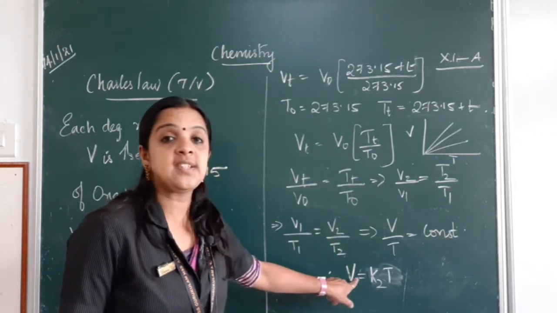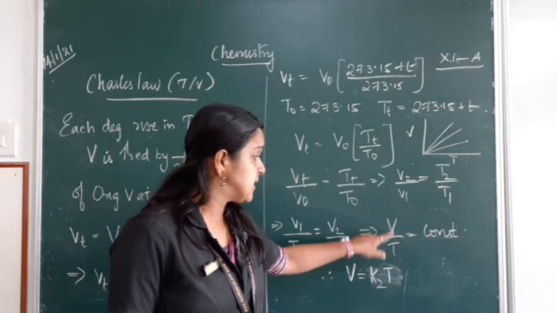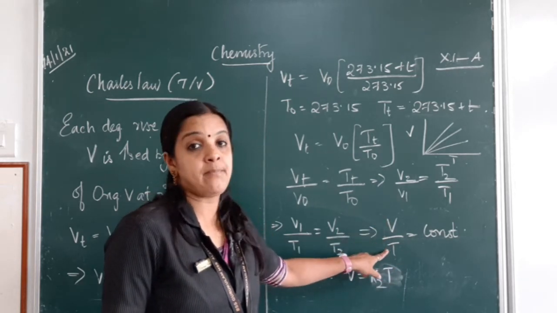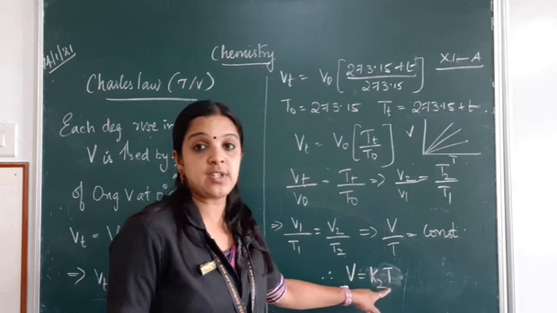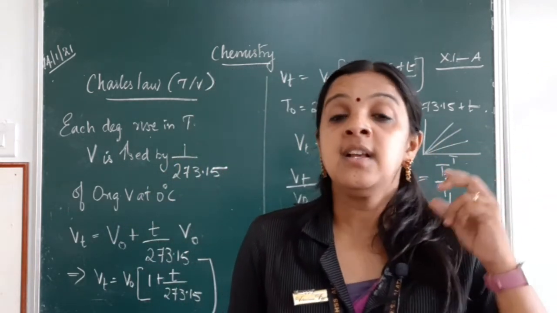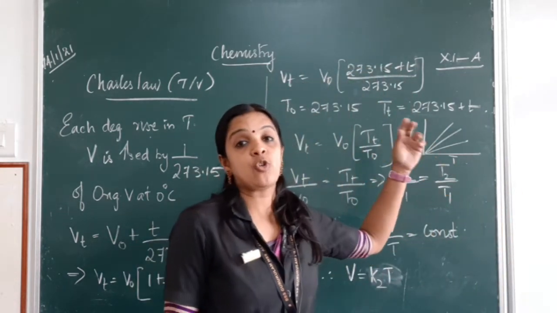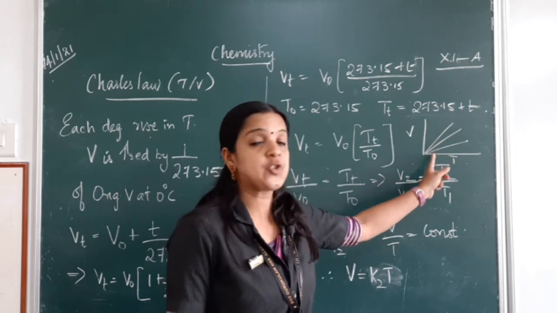So here V is equal to K2 into T, which shows that when you divide the volume by temperature at constant pressure, that is isobar, where the pressure remains constant, and if I draw a graph between volume and temperature at constant pressure, I get a straight line.